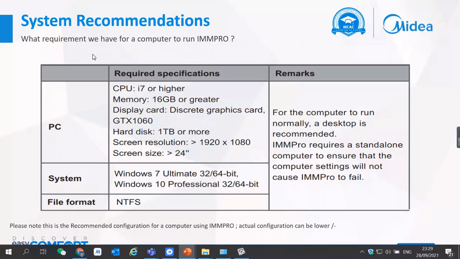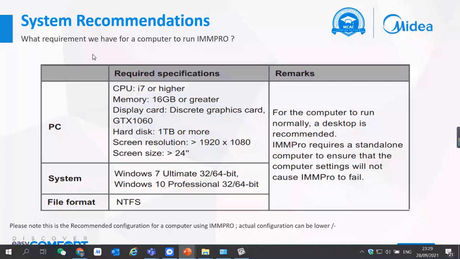Before we see a video for the installation, I want to mention that our manual sometimes lists a configuration that needs an i7 processor, 16 GB RAM, a display card, and a 1 TB hard disk. These requirements are very high, but I want to make it clear that they are for the most demanding case, when you are using 3840 indoor units.